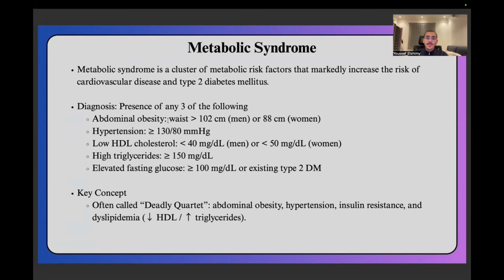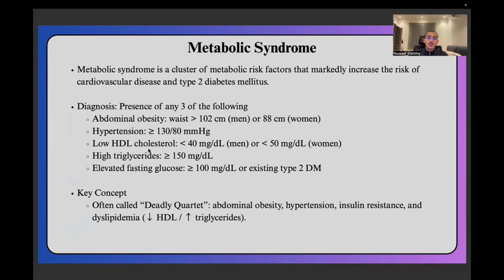So abdominal obesity, in which if the waist is greater than 102 centimeters in men or 88 centimeters in women, you have abdominal obesity. If there's hypertension, in which there's increased blood pressure, 130 over 80 millimeters of mercury, this is also one of the criteria.